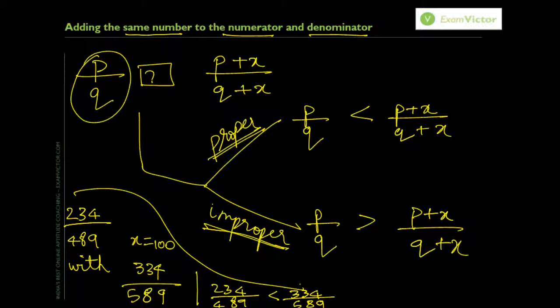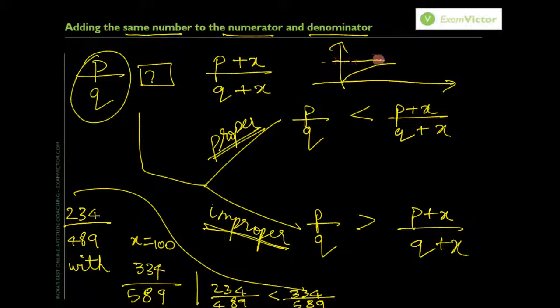Why does this work? If you are interested in knowing why, it can be proved very exhaustively, but if you want to understand at an intuitive level, what is happening is that as you keep adding the same number to the numerator and denominator, the value of the fraction gets closer and closer to 1.